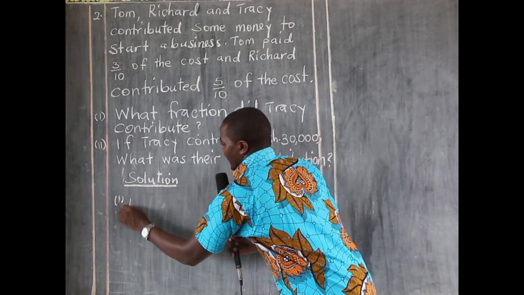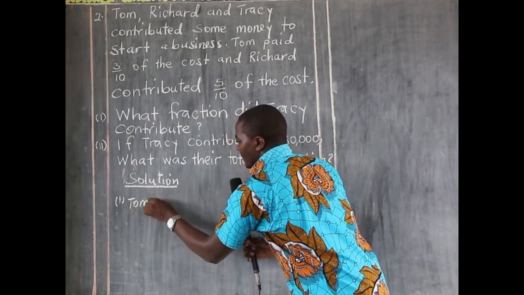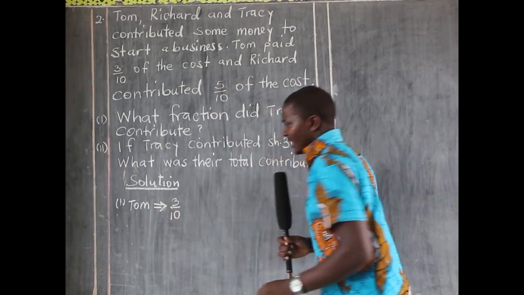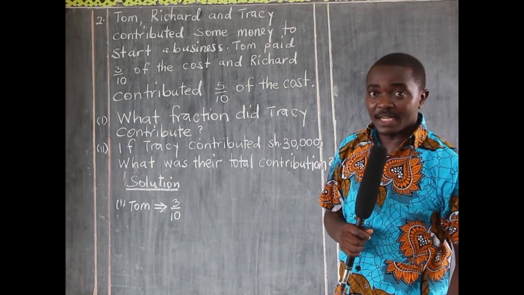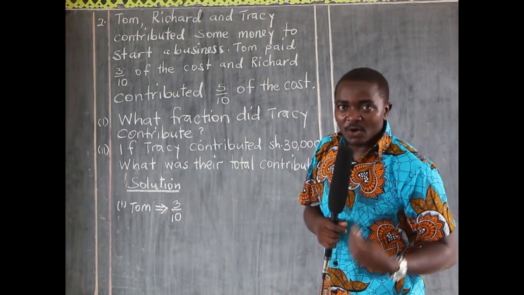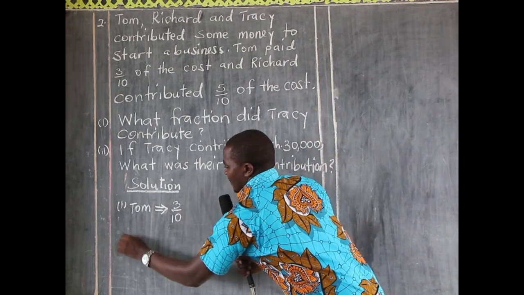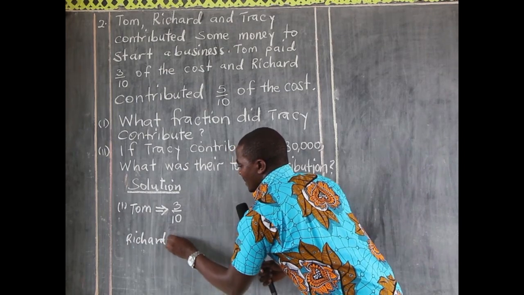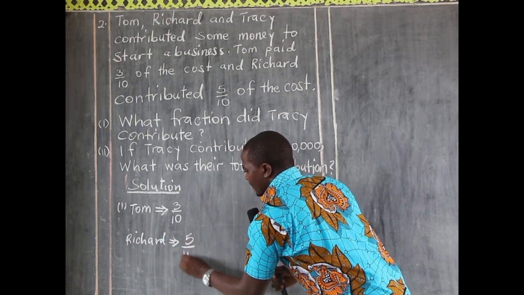So the fraction for Tom is 3 out of 10. Tom contributed 3 out of 10. And Richard contributed 5 out of 10 of the cost. So Richard contributed 5 out of 10.